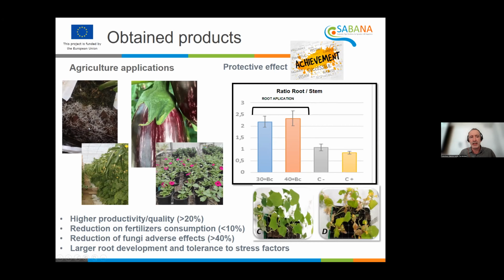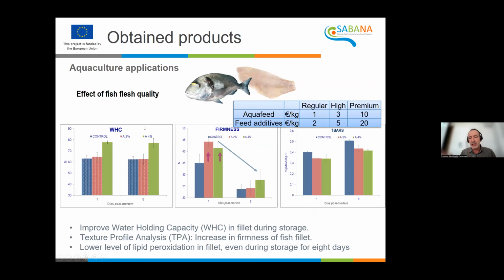This is called the auxin-like effect. And then this large development of roots contributes to the higher production of fruits and the better quality of the products being obtained.